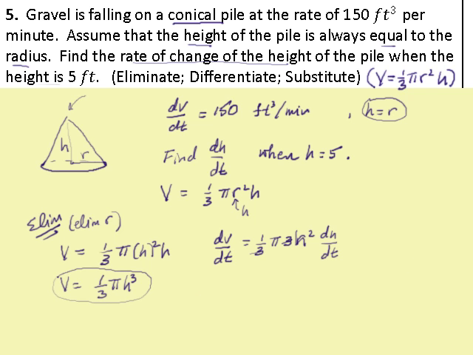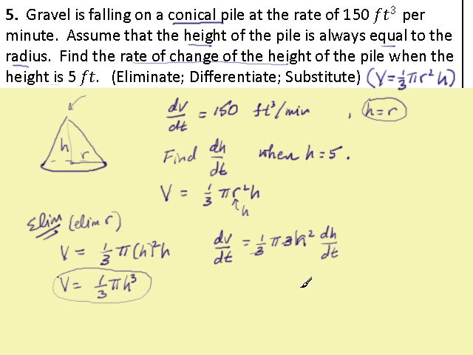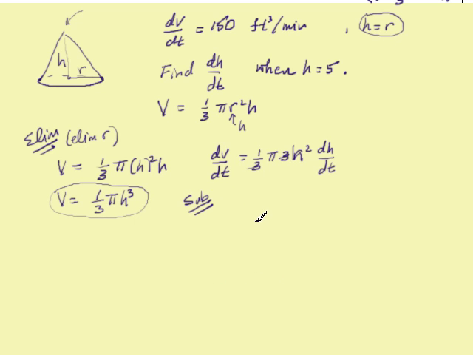And finally, in order to find dh/dt when h is equal to 5, we're just going to substitute. That's the last step, the substitute step. We'll substitute right here into our equation involving dV/dt and dh/dt.